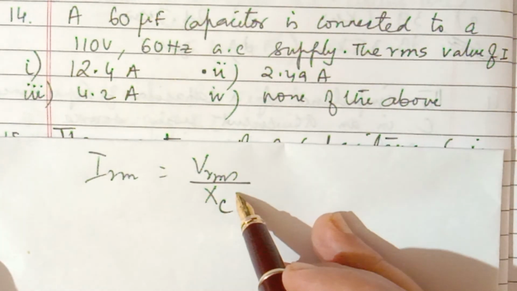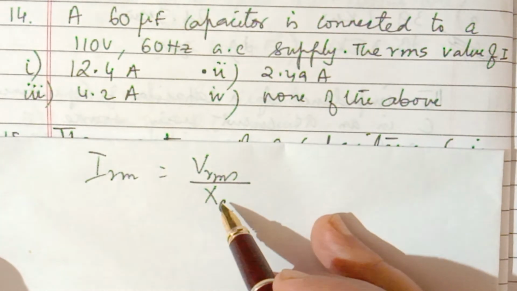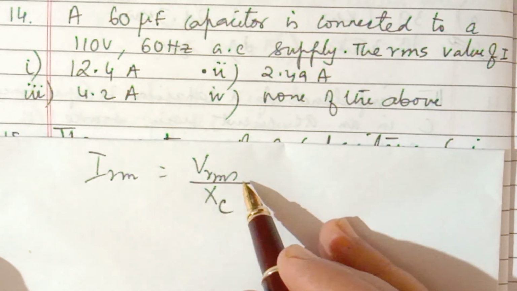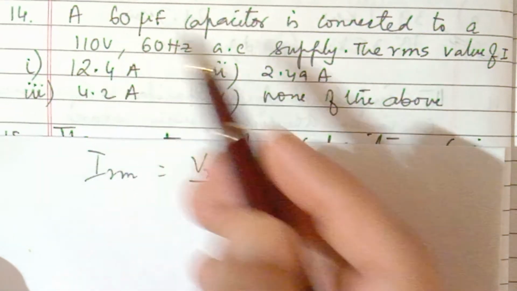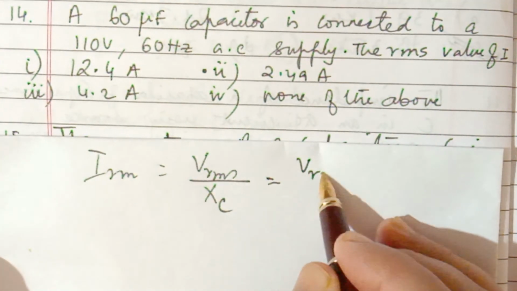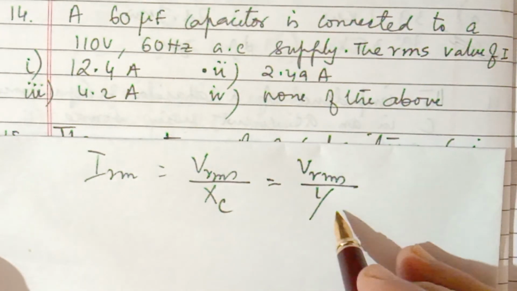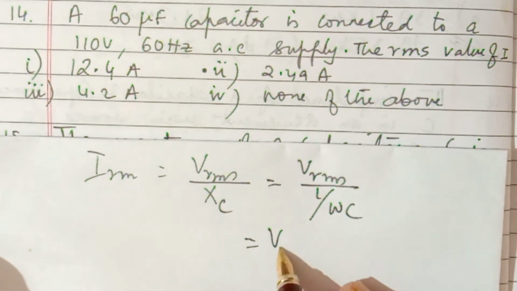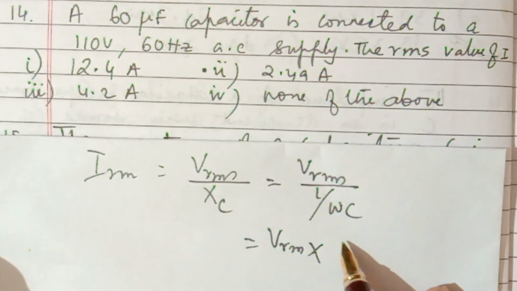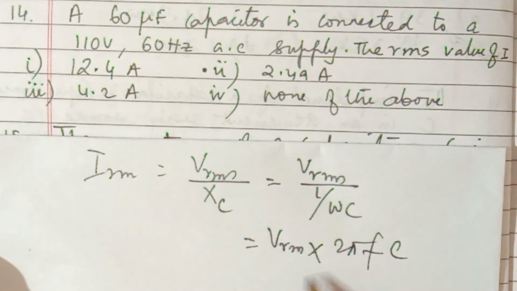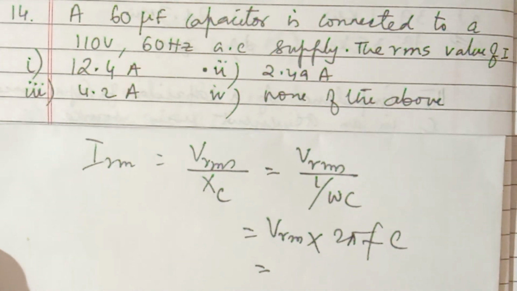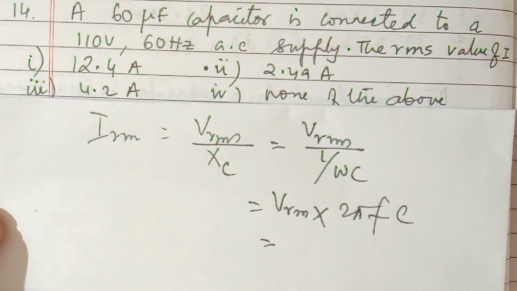So that means we have to find the value of XC, then we can use this formula. So 110 volt is the VRMS, and XC is 1 by omega C, so 1 by 2 pi f C. So this will give the value of current.